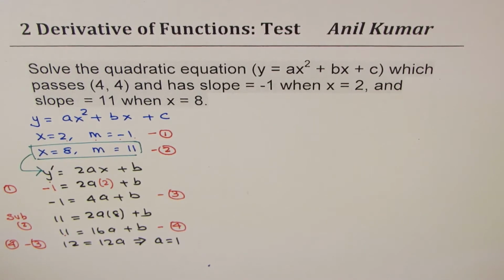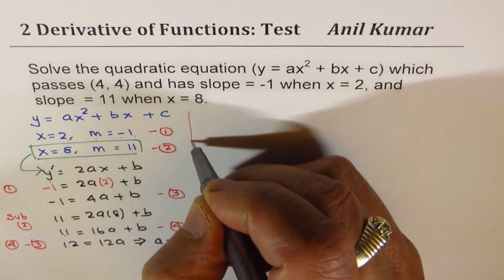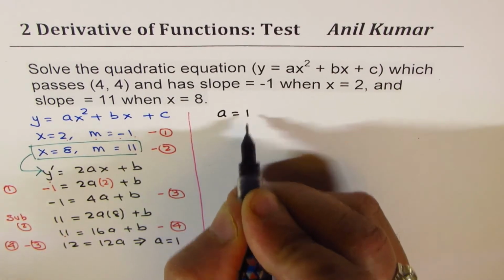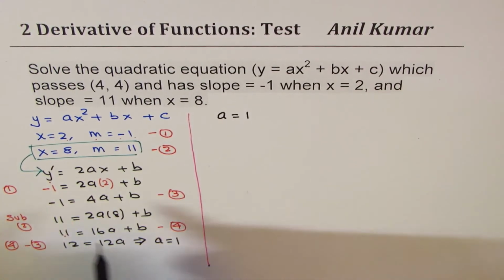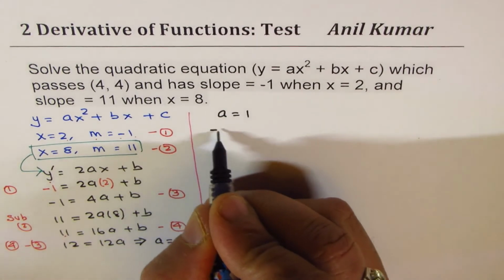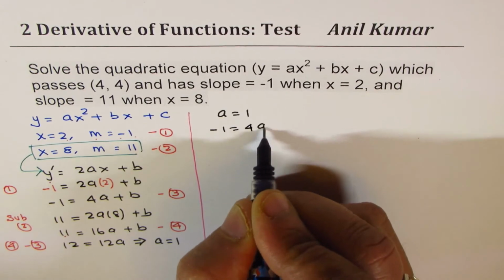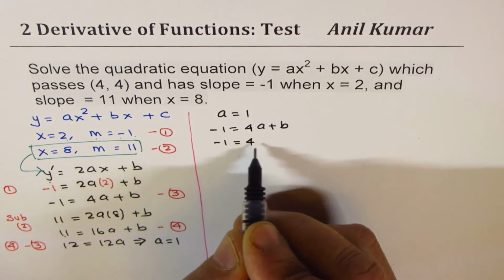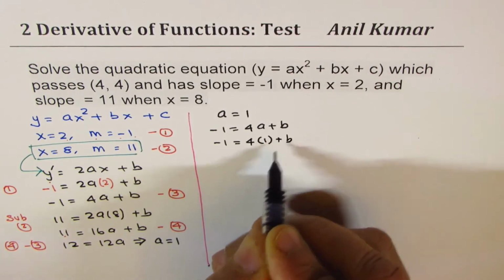Okay. Now we can find what b is. So we have a equals 1. We can use one of these equations, which is minus 1 equals 4a plus b. So if a is 1, then minus 1 equals 4 times 1 plus b.